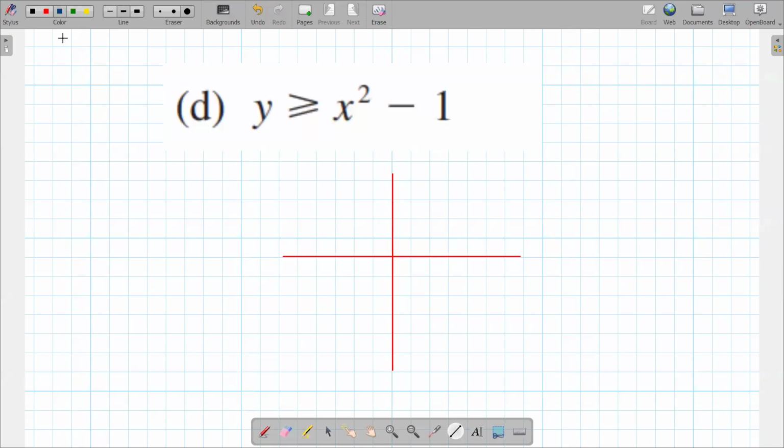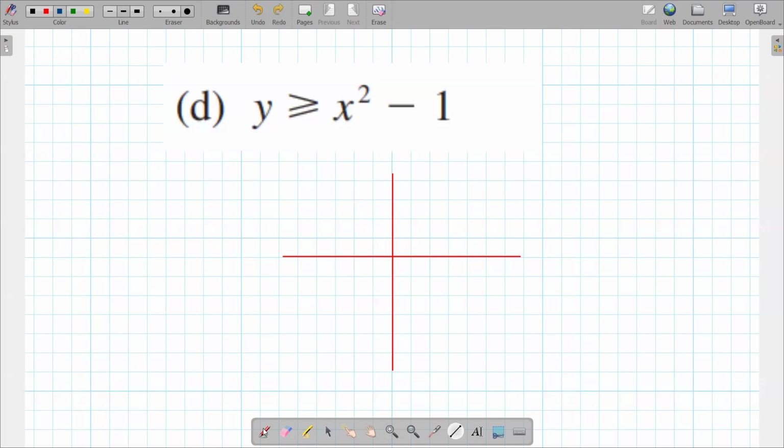Where's the y-intercept, or the vertex? They're one and the same in this case. It's at -1. So a sketch of this curve looks like this.